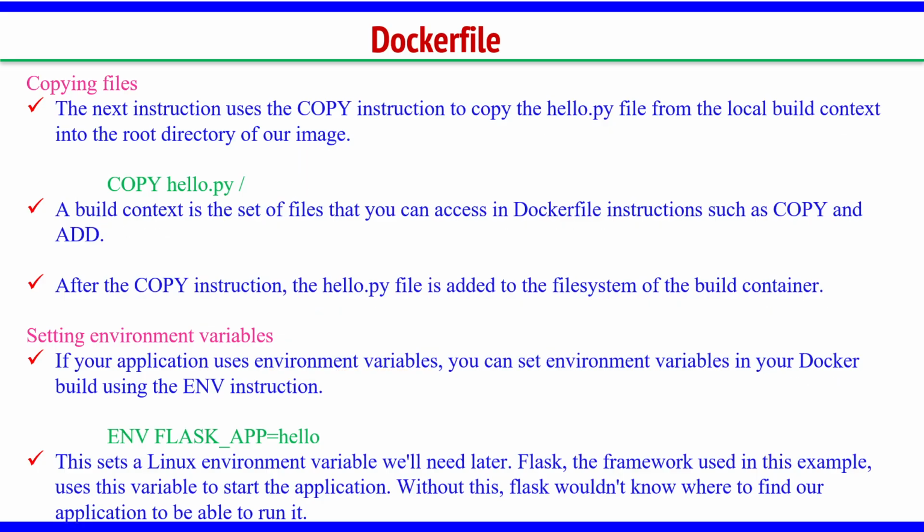Let us say to run a Java program, I have to give class path, that has to be given here. So, I am giving here env FLASK_APP equal to hello. This is my environment variable. This sets a Linux environment variable, we will need it later. Flask, the framework used in the example, uses the variable to start the application, right. So, we need to use this Flask.